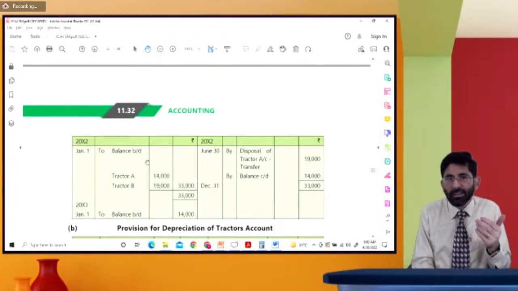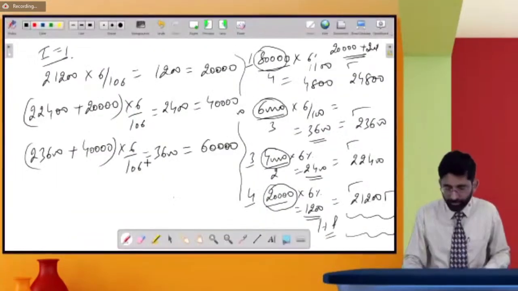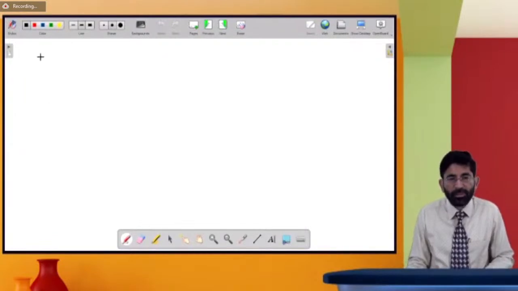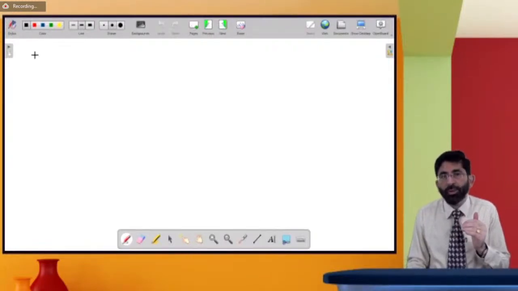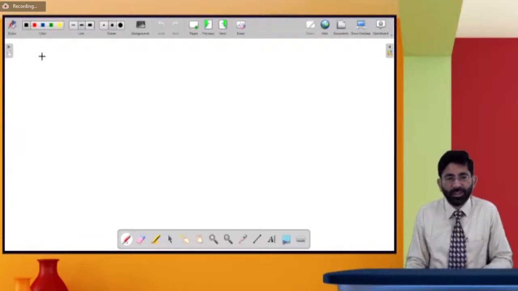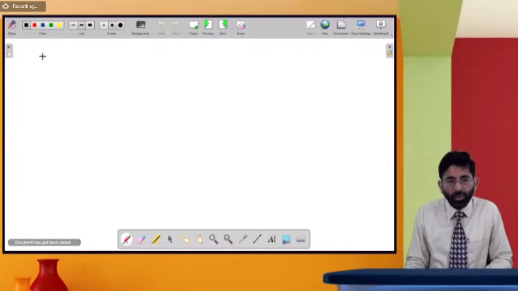When the asset is disposed of, we will pass an entry. First of all, the provision for depreciation account in this case will be adjusted. Simultaneously, the disposal account will be adjusted. Whatever the balance of the asset account, that will be transferred to the disposal account.